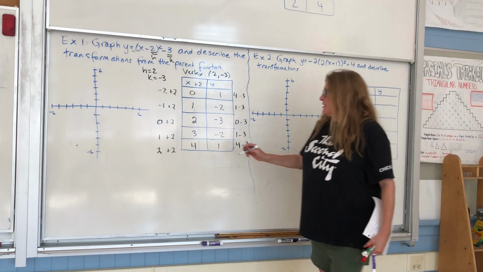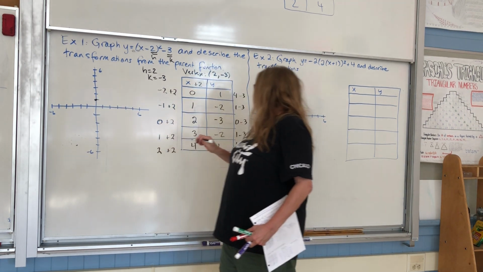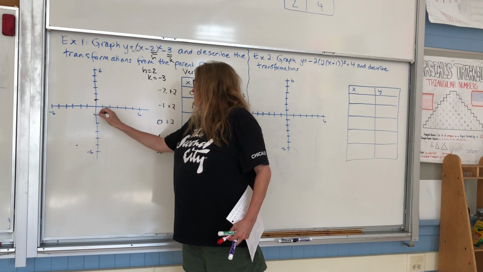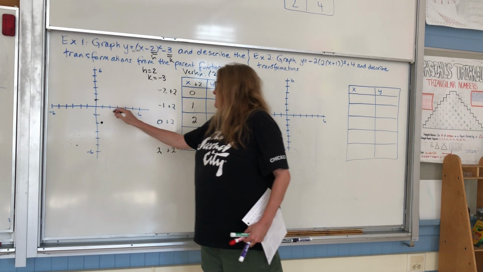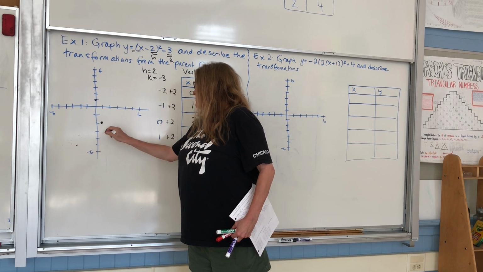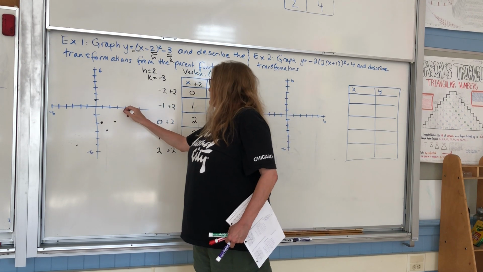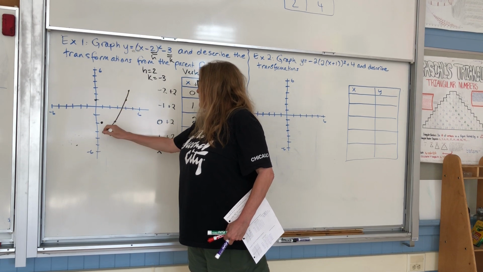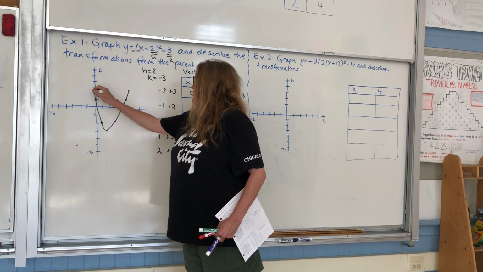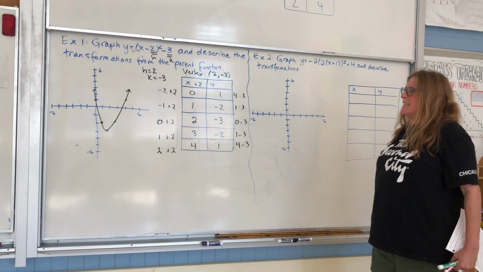Okay, guys, let's graph this. Okay, so let's see what we've got going here. So it looks like since we didn't have an A or B, we didn't have any stretching or compressing.